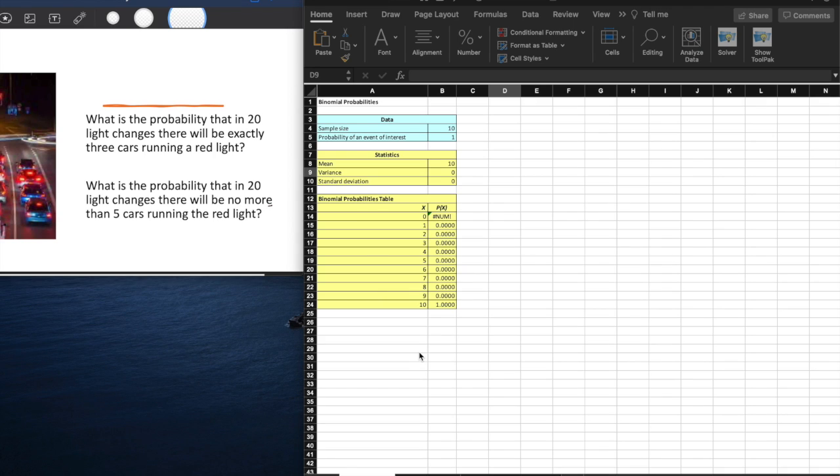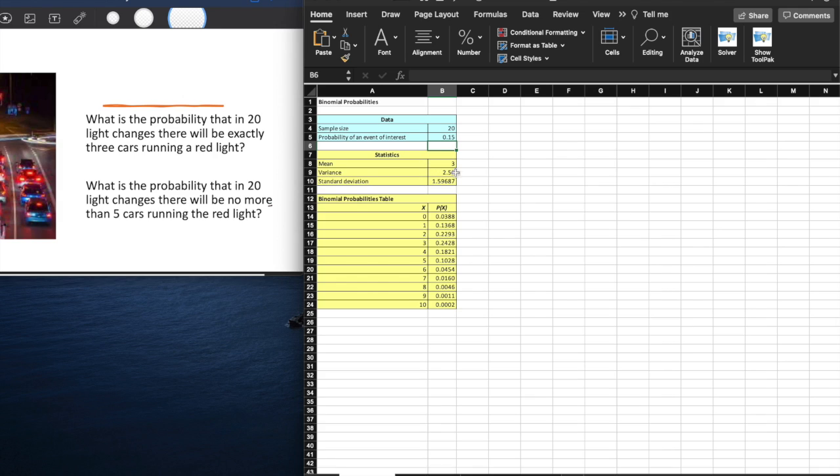So now we're in the Excel sheet called Binomial, and you can actually find this on Sakai under your lessons and under the files directory. So let's change the sample size to 20 as per the question, and let's change the probability of an event of interest to 0.15, which was our probability of seeing a car running a red light each time there was a red light occurring.